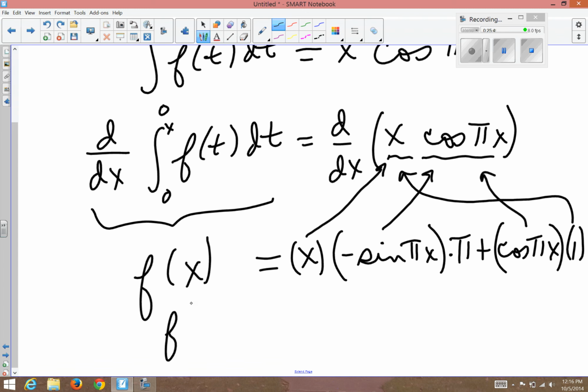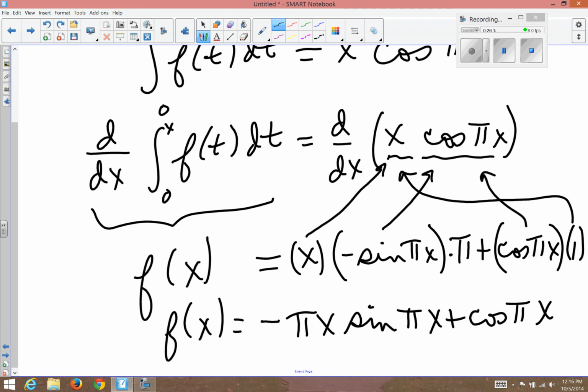So f of x equals positive times negative, negative pi x sine pi x. Put this pi over here way up in front, plus cosine pi x.